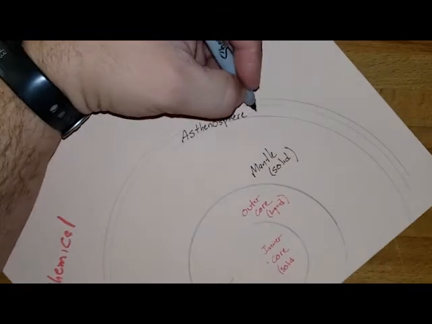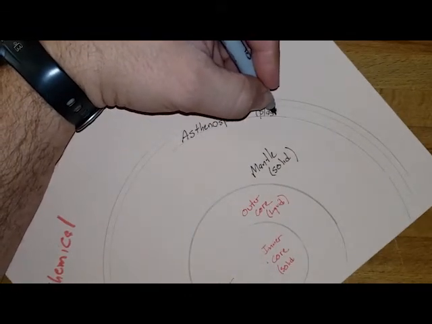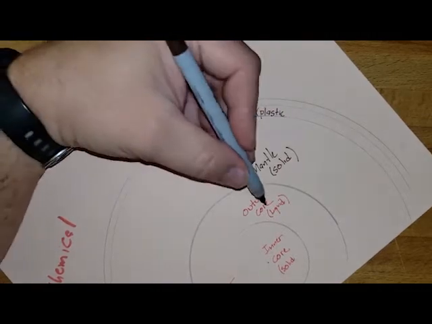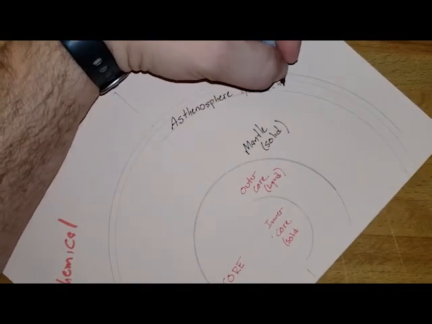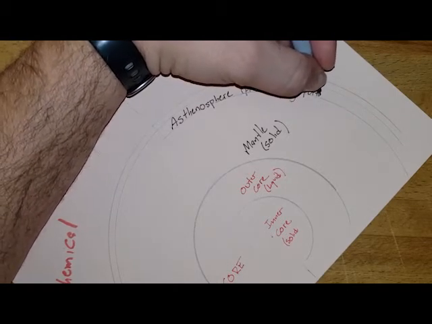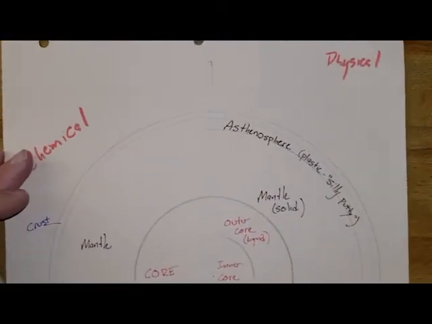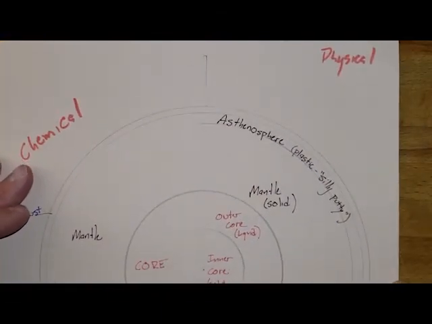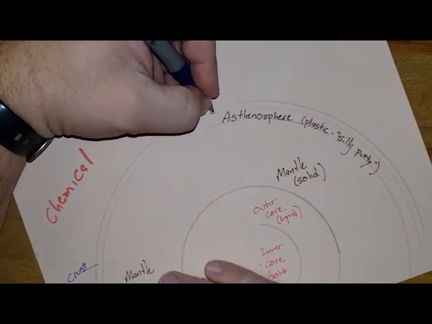The asthenosphere is referred to as having a plastic type texture, not solid, not liquid. A lot of times people will say it's like silly putty. And floating on that silly putty are a number of different crustal pieces. These crustal pieces we refer to as the lithosphere.